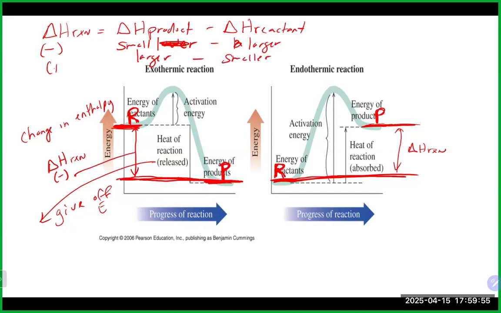That's going to yield you a positive value for the delta H in an endothermic reaction. You could also think about it this way: the only way the products can get up there in terms of energy is for energy to be absorbed as a result of this reaction. That is probably the most common way in chemistry that you know whether the reaction is exothermic or endothermic. It is based on that sign.